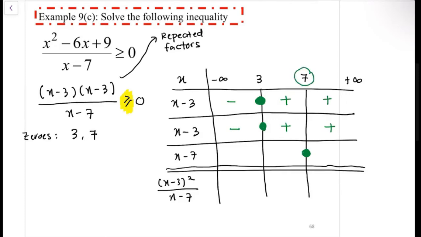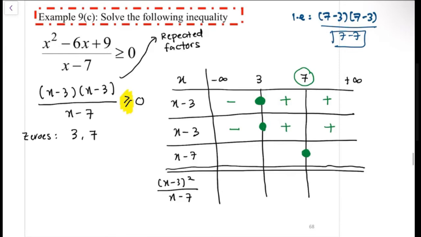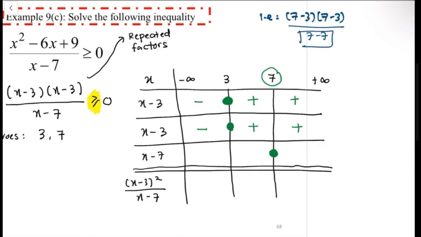But if I substitute 7 into our original question, kita akan dapat 7 tolak 3, 7 tolak 3 divide by 7 minus 7. On denominator part, nanti kita akan dapat kosong. Betul? Bahagian atas tu, simplify, kita akan dapat 4 times 4, 16, but denominator part awak akan dapat 0. So 16 divided by 0, by right awak akan dapat math error, undefined. Nanti jawapan kita dah tak wujud.